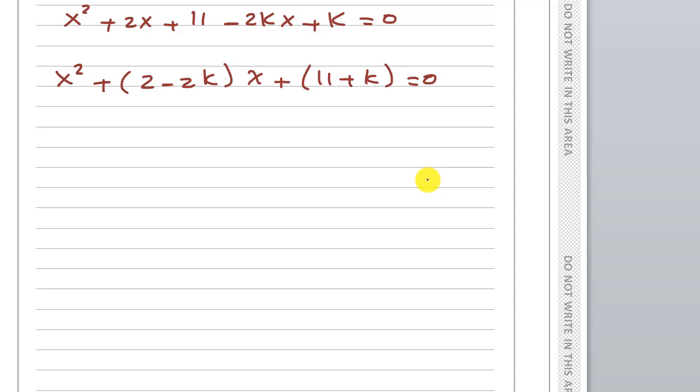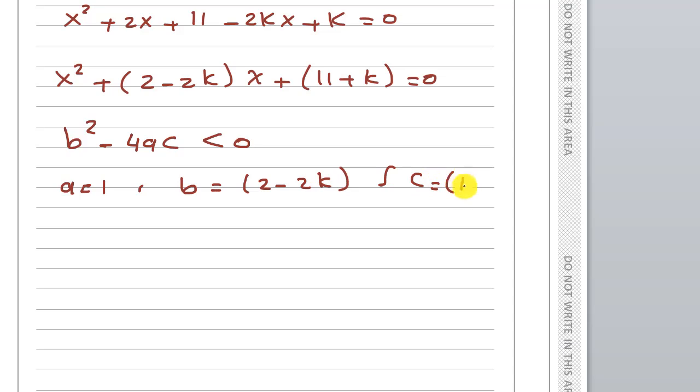So the curve and the line do not cross or touch, so b squared minus 4ac is less than 0. We don't have a solution. So we have a equal to 1, b equal to 2 minus 2k, and c is equal to 11 plus k.